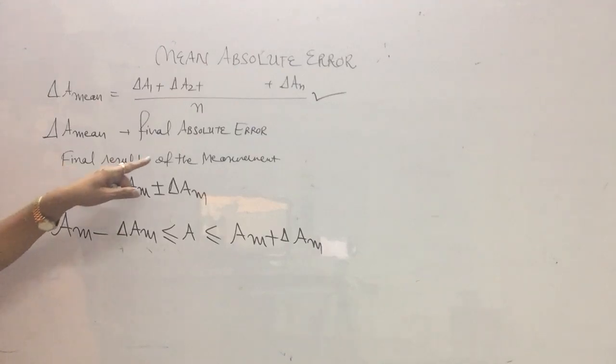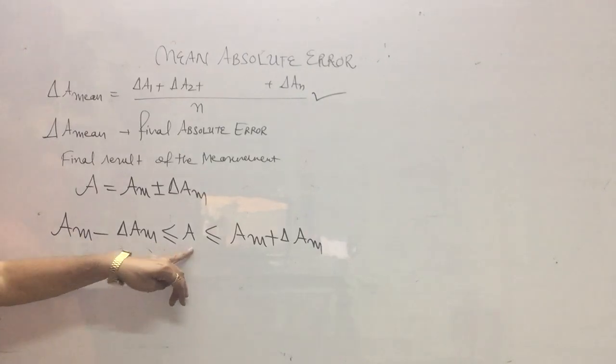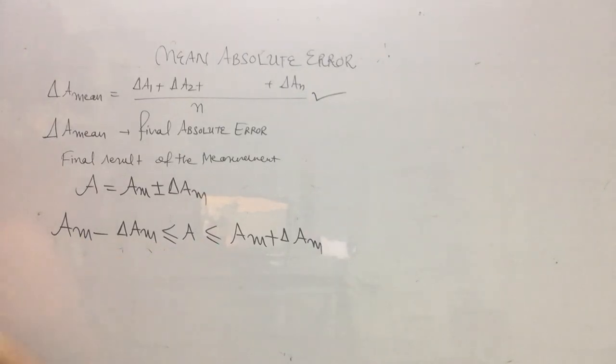The final result of the measurement is AM plus minus delta AM, and it means AM minus delta AM is less than or equal to A, which is less than or equal to AM plus delta AM.